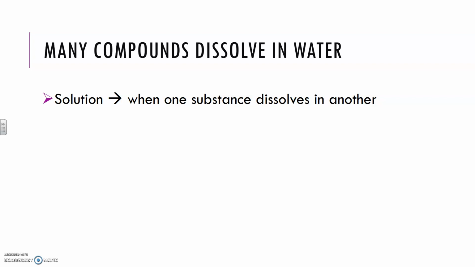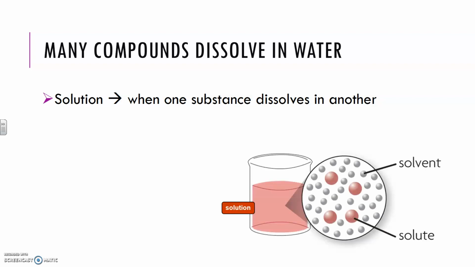A solution is when one substance is dissolved in another, and you have two different terms that go along with solution: the solvent and the solute. A solute is the compound that gets dissolved. The solvent is the one that is dissolving. I know it's kind of weird.